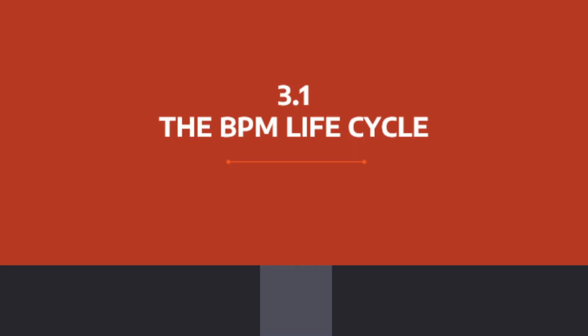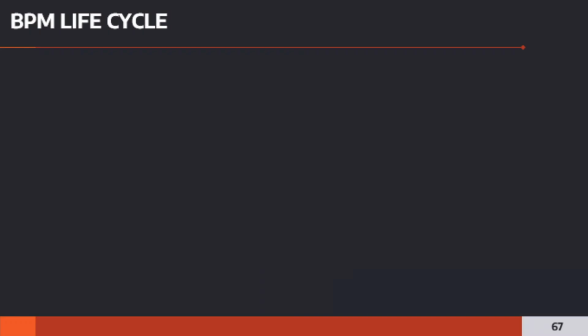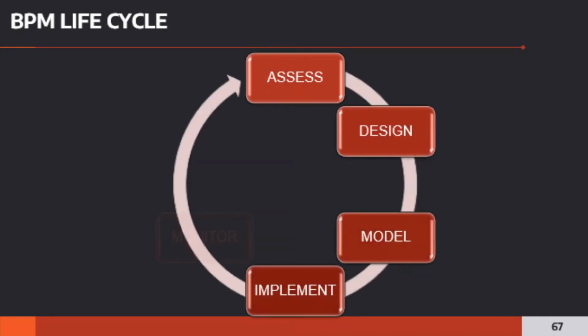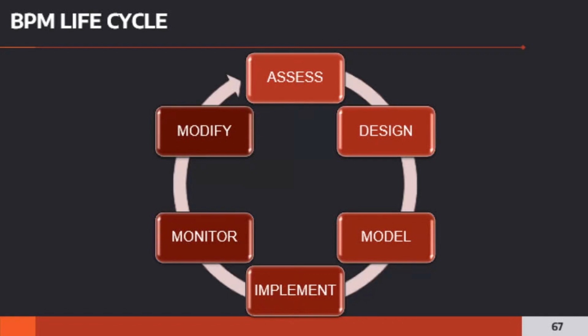Okay, are you ready? So this is what the BPM life cycle is all about. There are 6 steps or phases. We have assess, design, model, implement, monitor, and modify.